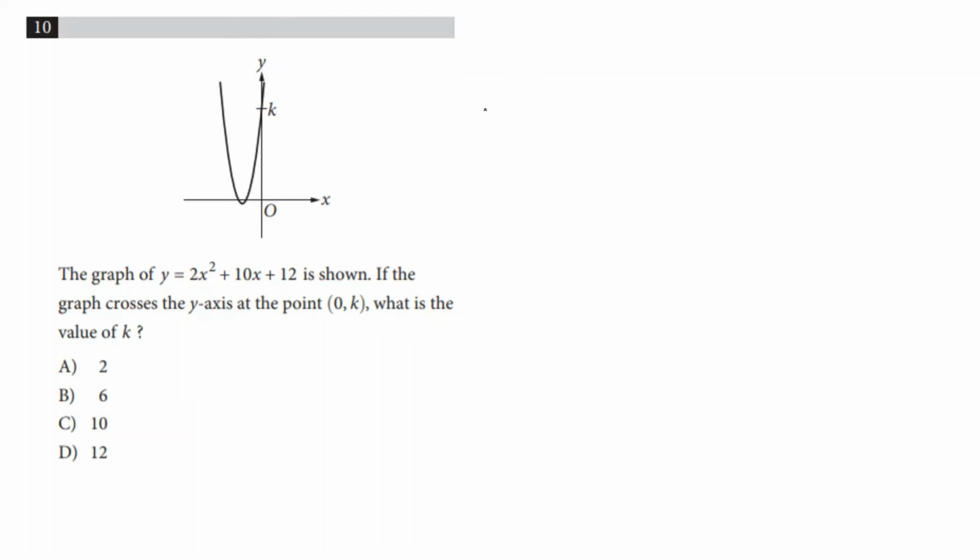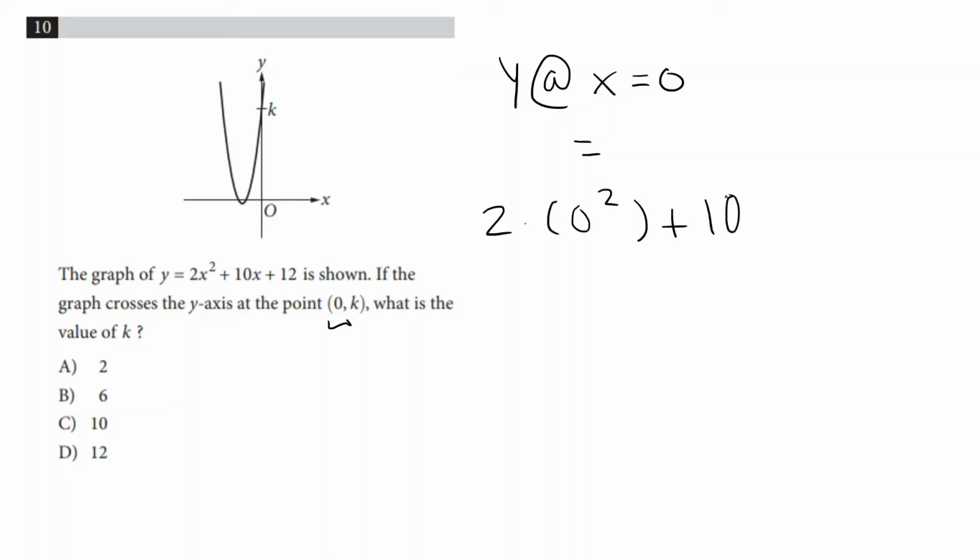So y at x is equal to 0, which is given by that, is equal to 2 times 0 squared plus 10 times 0 plus 12. And since this is all multiplied by 0, then just 0 equals 12, okay? So we now know that the y value at x is equal to 0 is equal to 12. So the answer is D.